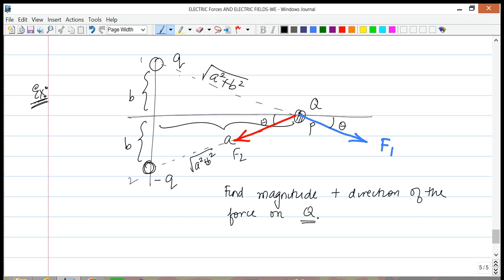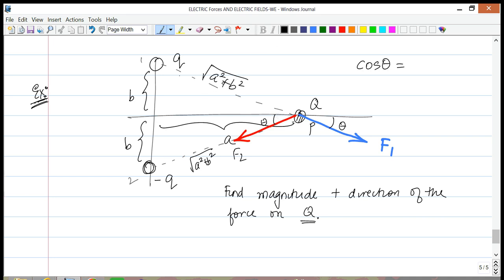Now here, instead of directly finding theta in terms of A and B, let us find something that we will use in the problem. Once you know F1, you will write the components as F1 cosine theta and F1 sine theta. So instead of finding theta, let us find what cosine theta and sine theta are.